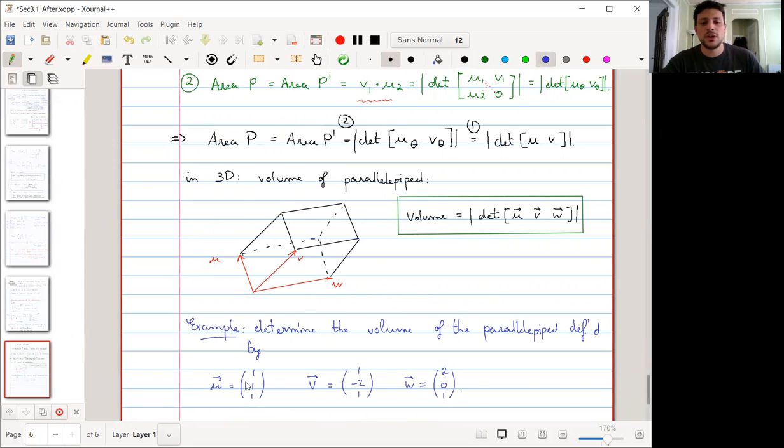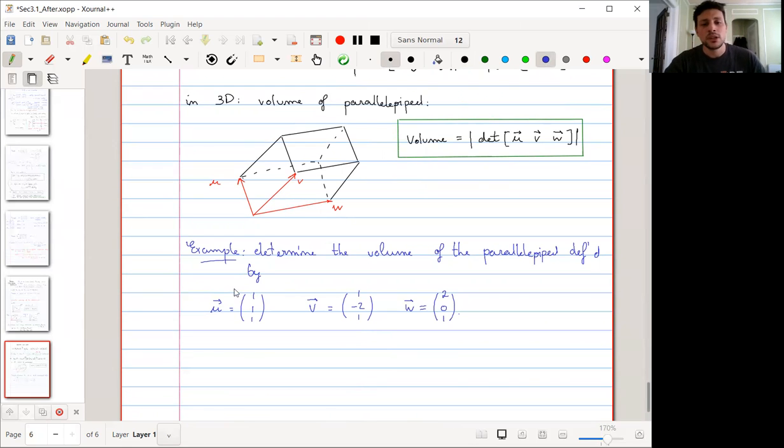If you were to have 3 vectors given like this, they would span a solid 3-dimensional region. And the volume of such region would be the determinant of the matrix whose columns are exactly the 3 given vectors.